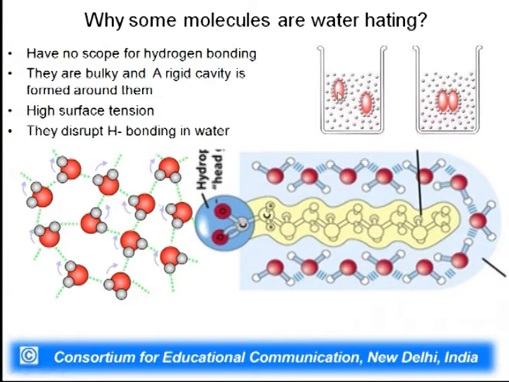Oil and water are immiscible. Oil is an example of a hydrophobic, water-hating molecule. So, here water will arrange around the oil droplet and form a rigid cage. It is not extremely rigid as we would say, but in this case the hydrogen bond pattern is slightly different.